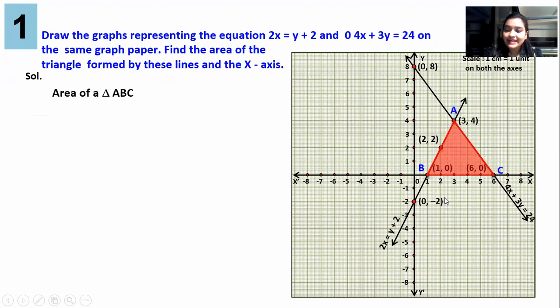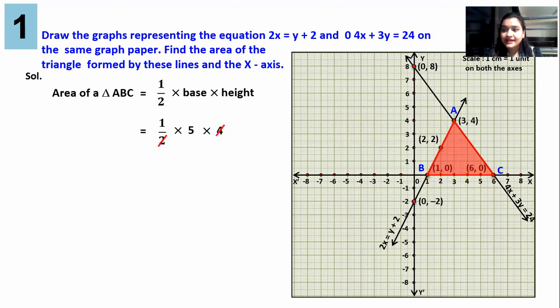First of all, I named the triangle as ABC. And we all know area of the triangle is half into base into height. Base is units from 1 to 6: 1, 2, 3, 4, 5. And height is 1, 2, 3, 4. So it will be half into 6, I'm sorry, half into 5 into 4.